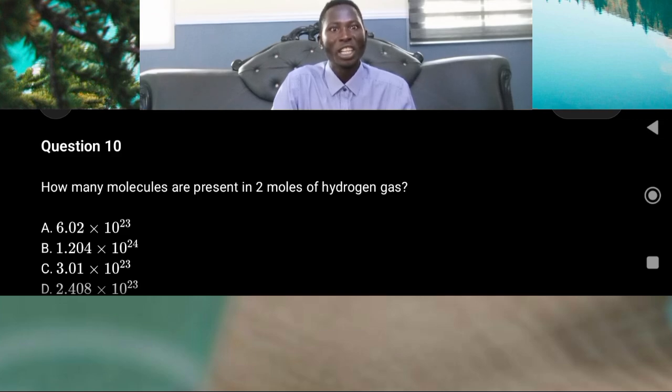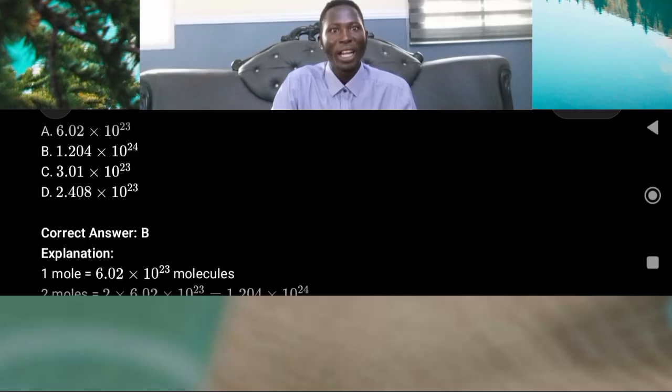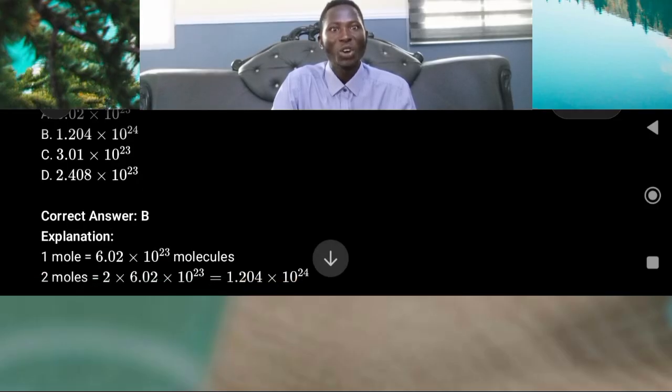The correct answer is B. 1 mole is equal to 6.02 times 10 raised to power 23 molecules. So for 2 moles, you multiply 2 times 6.02 times 10 raised to power 23, which will give you 1.204 times 10 raised to power 24. So the correct answer here is B.